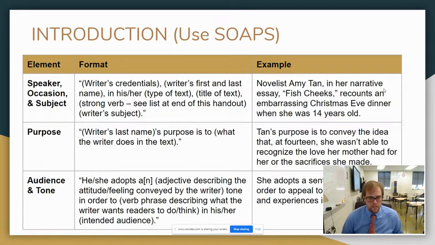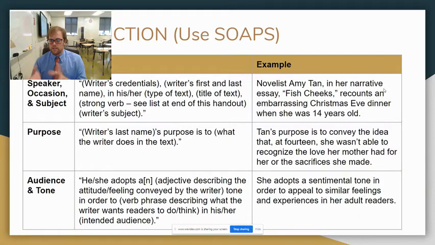And then in the last section, he or she adopts, and here's where you are going to decide, at least in this framework, what's the overall tone in the author's writing. He or she adopts an adjective describing the attitude, then tone, and then a verb phrase describing what the writer wants the readers to do or think, in his or her, and then say what that audience is.